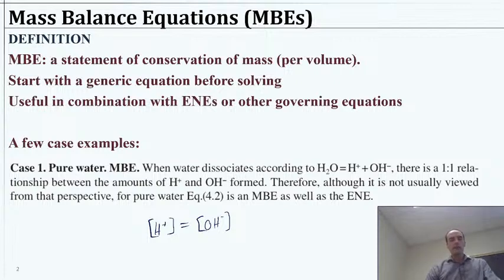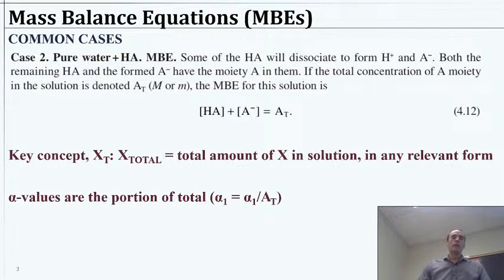Okay, so technically that's a mass balance. That's the pure water. Well, let's go on and say pure water with some generic acid, HA. So the mass balance here, we're going to be looking at the involvement of that A in particular. And so we're going to say that the HA is going to dissociate. So HA will be in equilibrium with H plus and A minus.